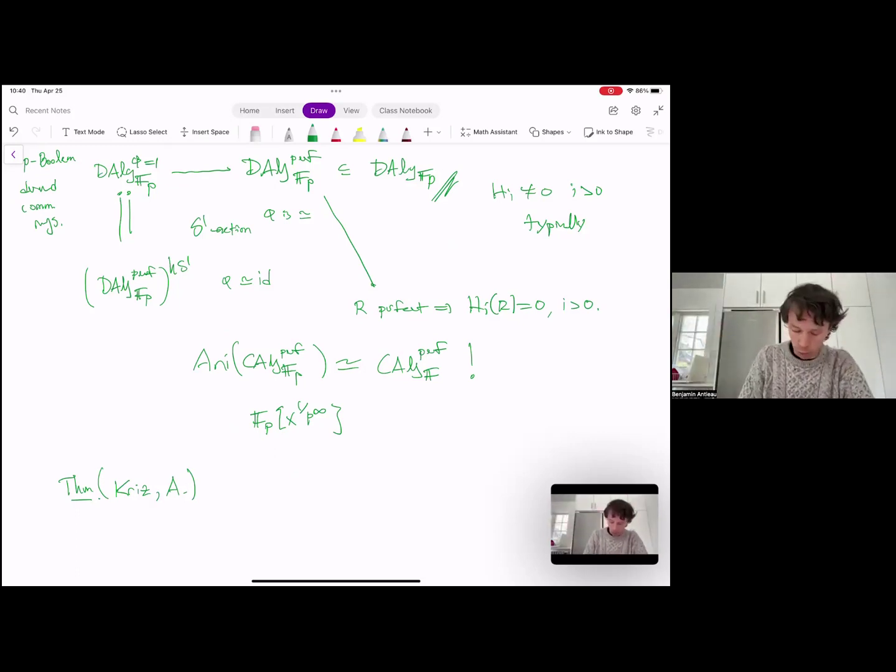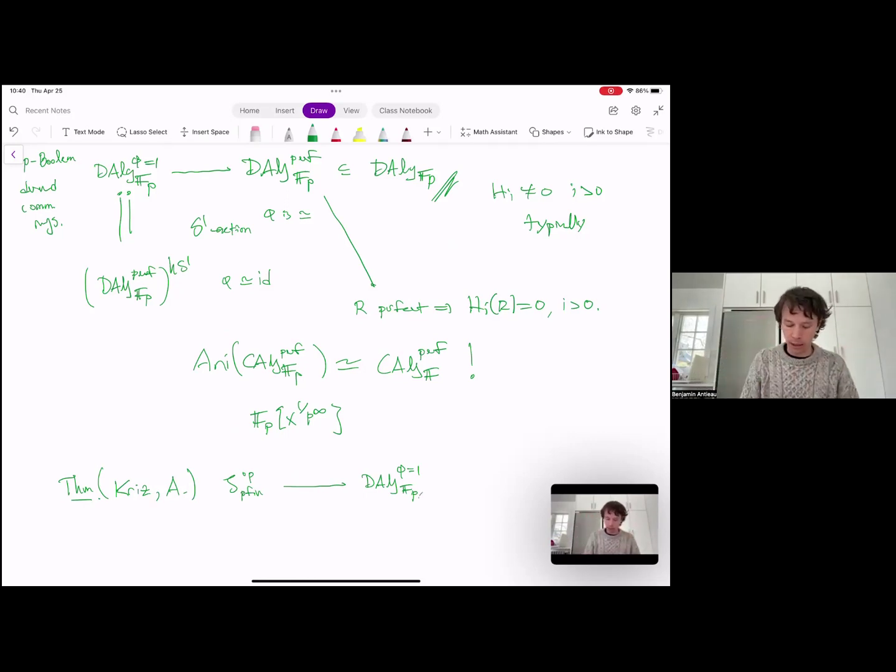The statement is that if you take F_p cochains on a p-finite space, well, F_p is in particular p-Boolean, and so you're taking a limit of p-Boolean rings, and that naturally has its own p-Boolean structure.